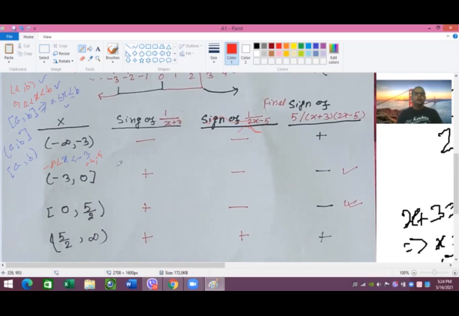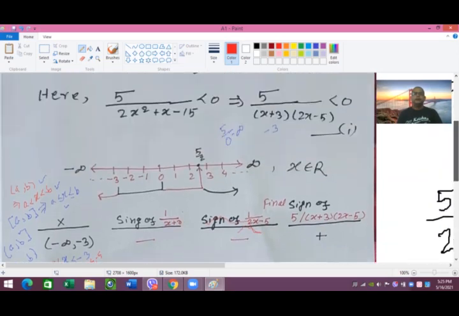And in this term also, if you put any number less than minus 3, say negative 4, then 2x is negative, and minus 5 keeps it negative, so the sign for this term is also negative. And this is the final term of the final equation.